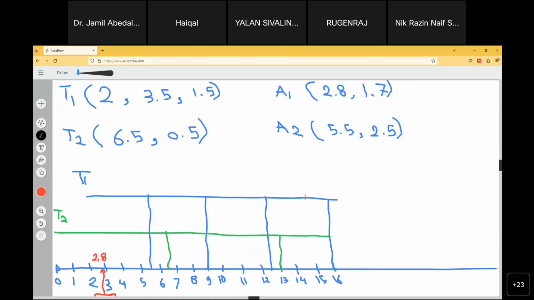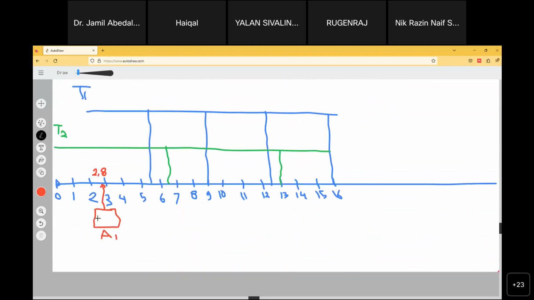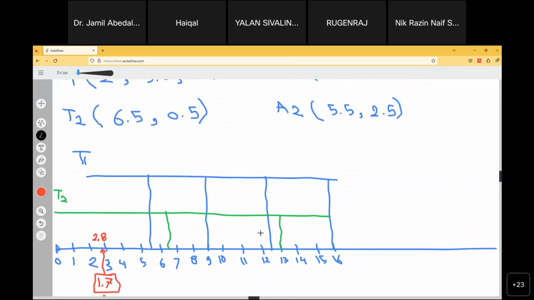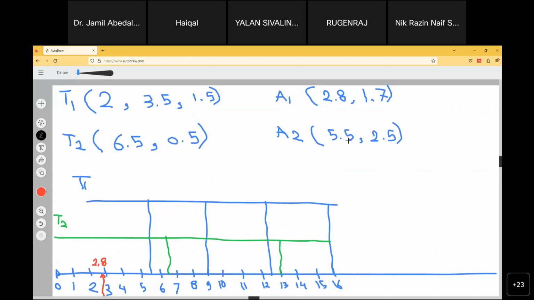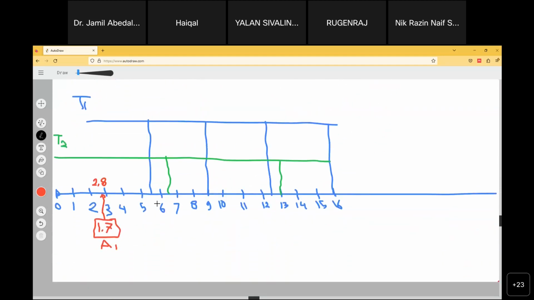How many units do we need to execute? 1.7. Okay. Next, an aperiodic release at 5.5, which is here. This is A2.